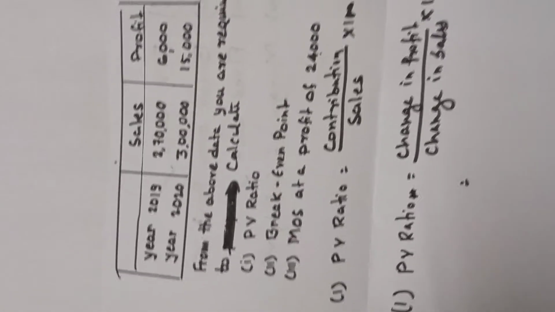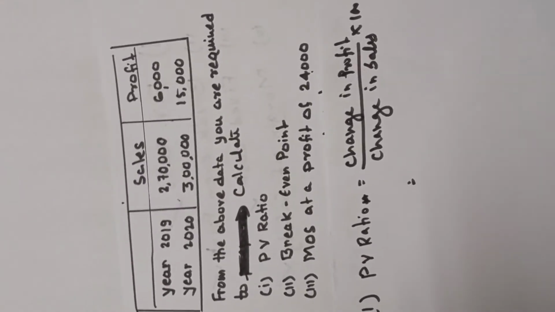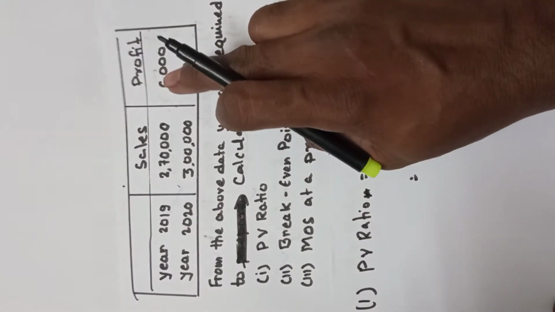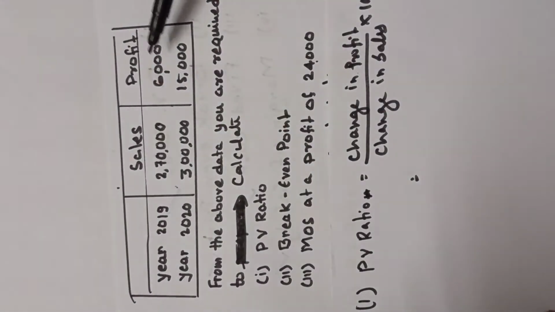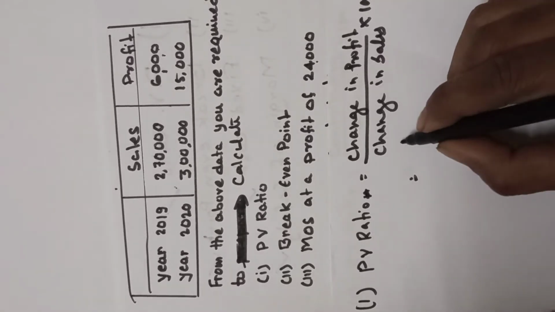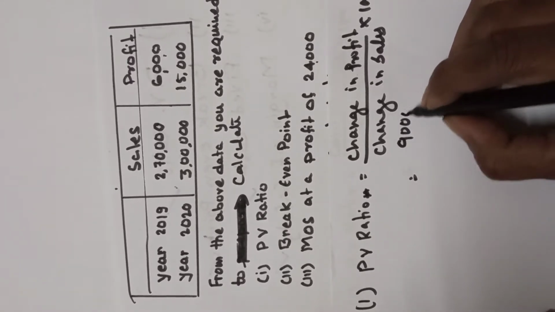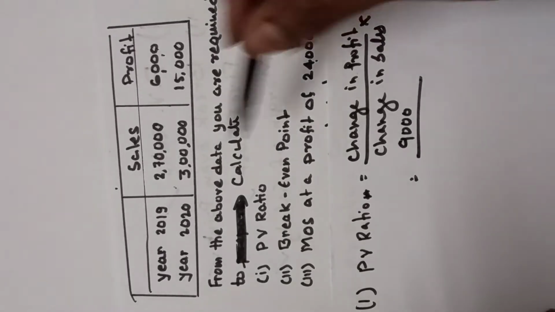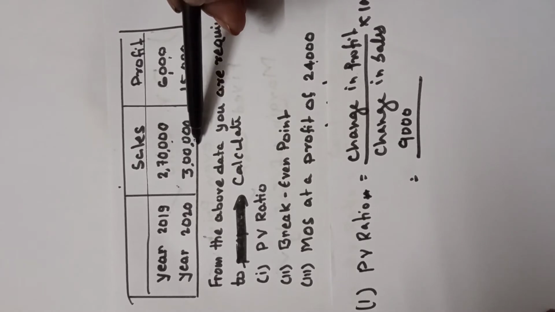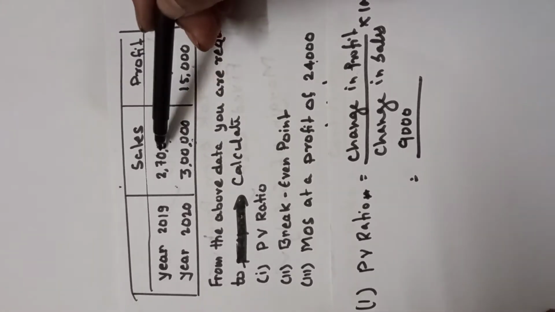Now we are going to calculate PV ratio. Change in profit: the profit of 2019 is 6,000 and the 2020 profit is 15,000. How much change is there? That is 9,000. Change in sales: sales in 2019 is 2,70,000 and in 2020 is 3 lakhs. The change in sales is 30,000.